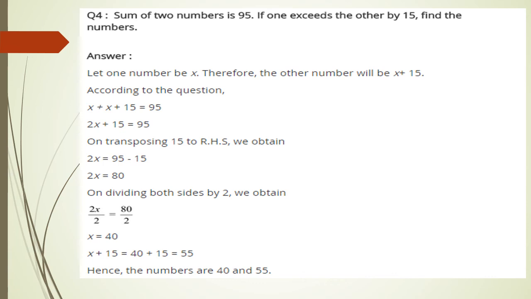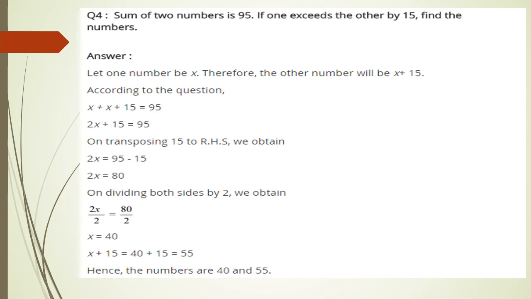Transposing this plus 15 to the right hand side, we obtain 2x equals 95 minus 15. In 95, 15 goes, you'll get 80. 2x equals 80. Dividing both sides by 2, we obtain 2x by 2 equals 80 by 2.